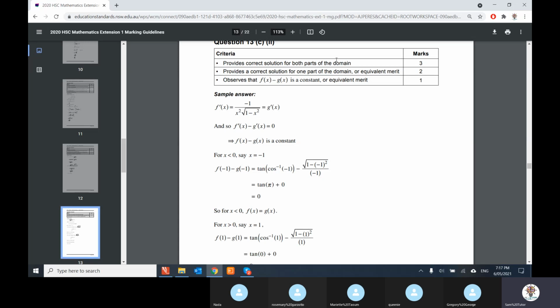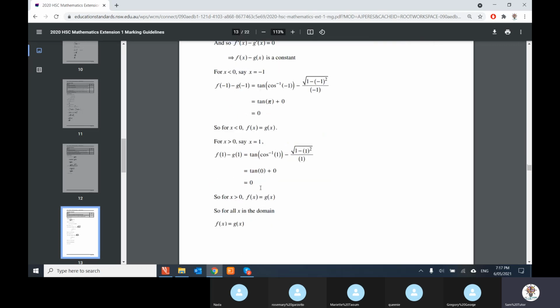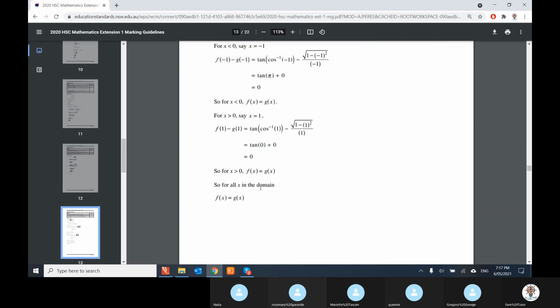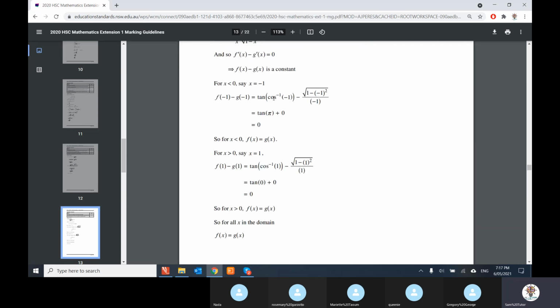True, I should have done the left-hand side. Otherwise, f dash of x equals g dash of x, and so is a constant for x less than 0, so x negative 1, and x equals 1. Oh, I was right, it's just that I didn't do it for negative 1. Fair enough, very easy.